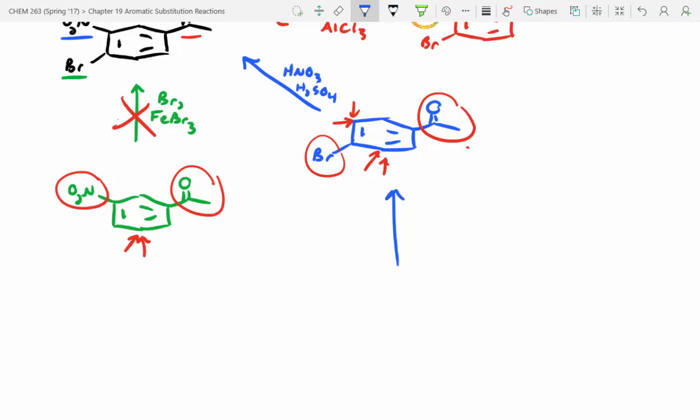So the question is, do we want to start with acetophenone, or do we want to start with bromobenzene? Bromobenzene. Why bromobenzene? Because acetophenone won't work, right?